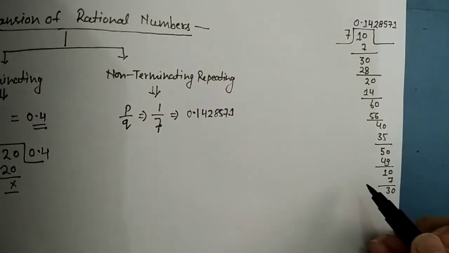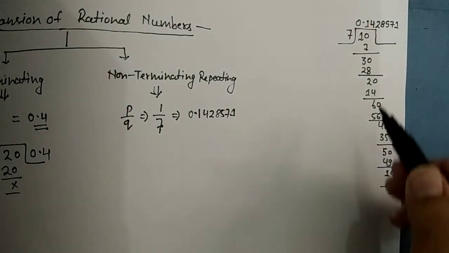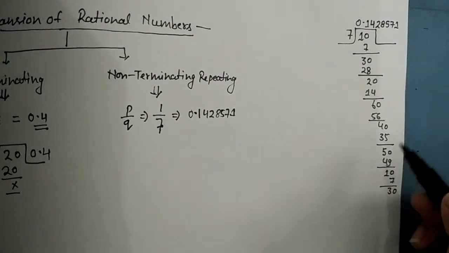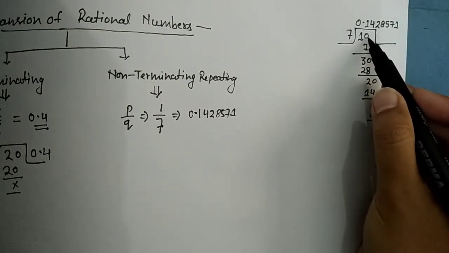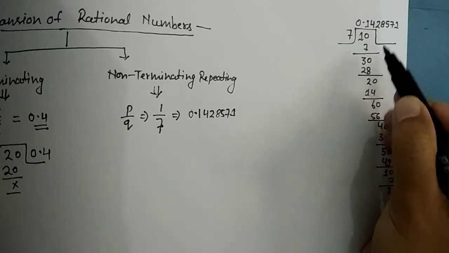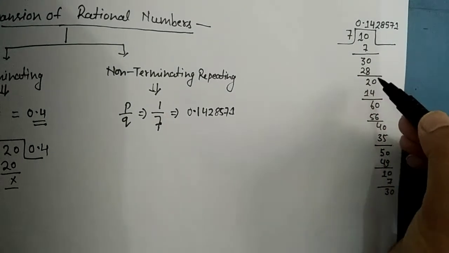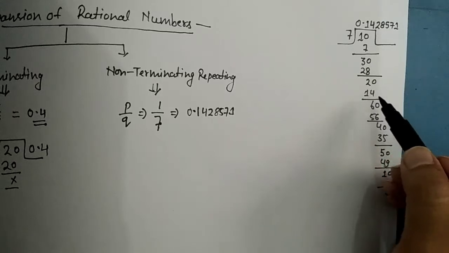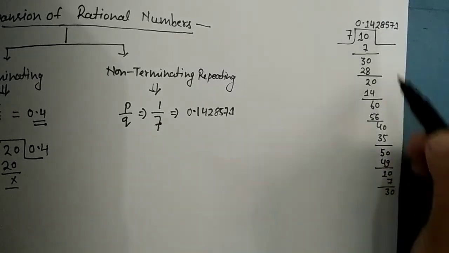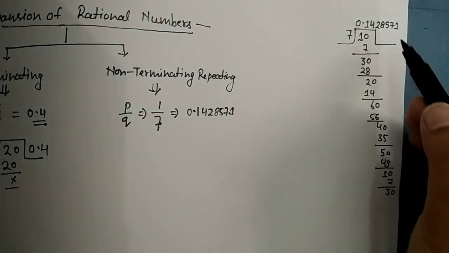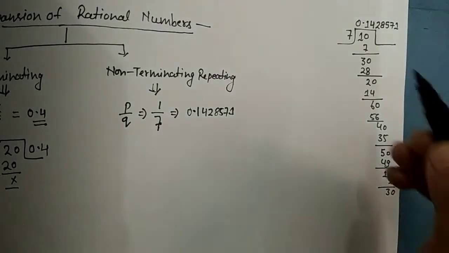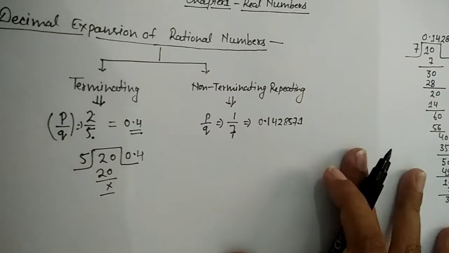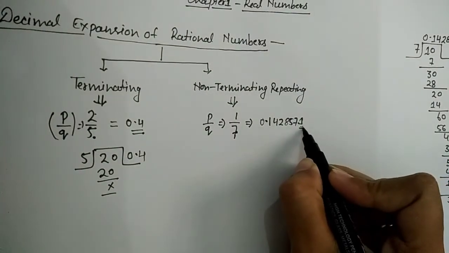This is the decimal expansion of 1 upon 7. Firstly decimal, we take a 0, 1 times 7 is 7, 4 times 7 is 28, remainder 2, 2 times 7 is 14, 8 times 7 is 56, then 5 times 7 is 35, 7 times 49 and again 1 times 7. That is, now it is going to repeat from here.